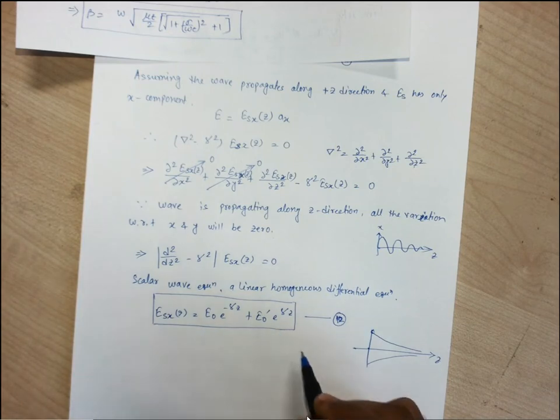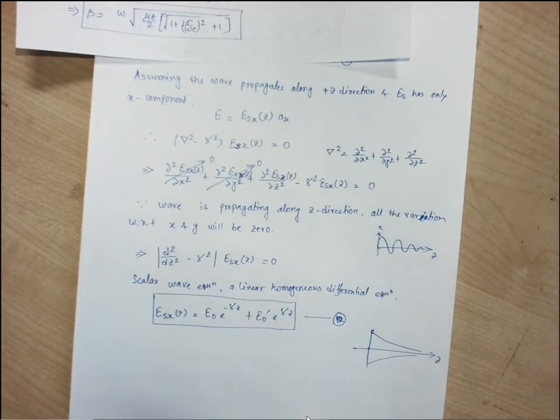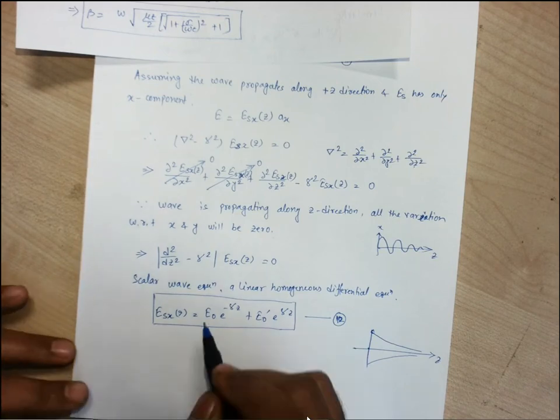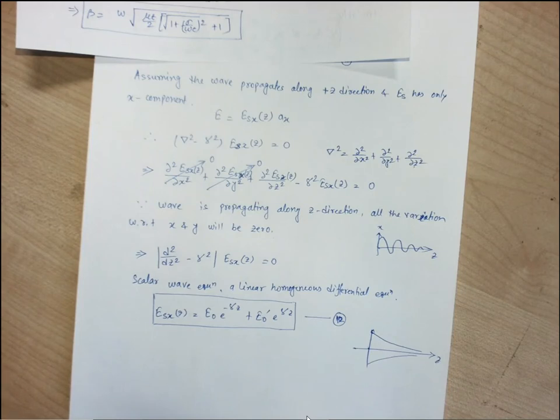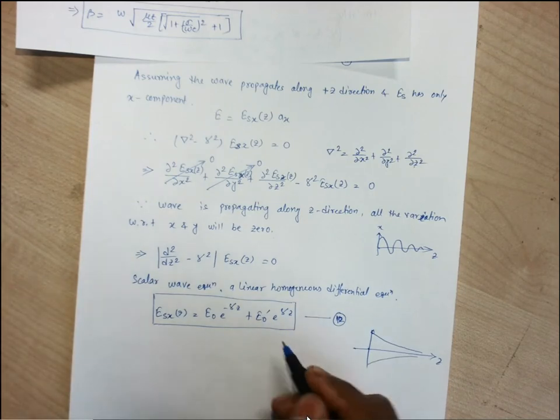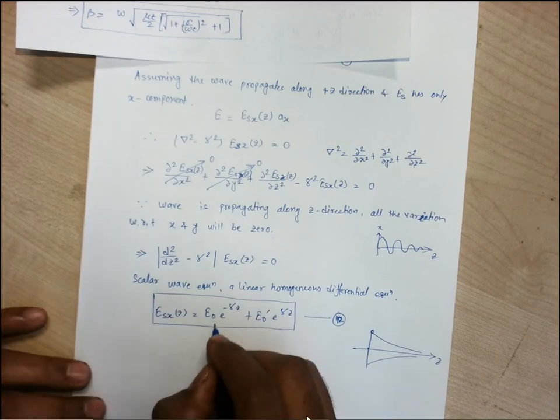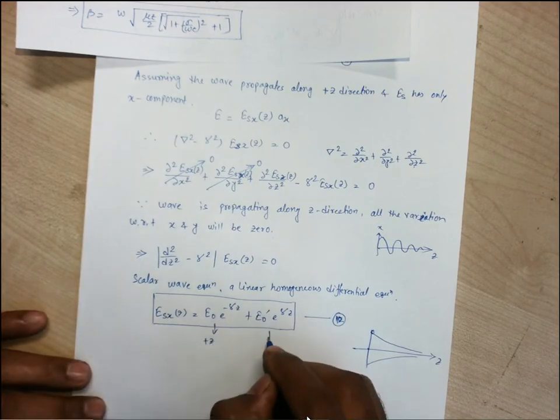Now if this is exponentially increasing, what does it mean? It is coming from the other side, taking the source as the load. So it is not our source, where the source has been connected; it is somewhere else. If we consider V as the source, then at our side the wave should have the maximum amplitude at the source end. That's why we consider this part as the forward propagating part and this part as the backward propagating part. This is propagating along plus z, and this is propagating along minus z.